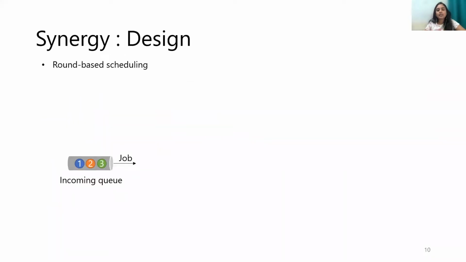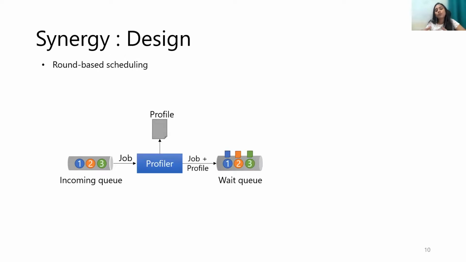So the overall design of Synergy is as follows. Job requests in the incoming job queue are first profiled offline by Synergy's profiler in order to identify their resource sensitivity. And this sensitivity profile is now attached to the job, and these jobs are placed in the wait queue. Scheduling happens in rounds of fixed time duration.